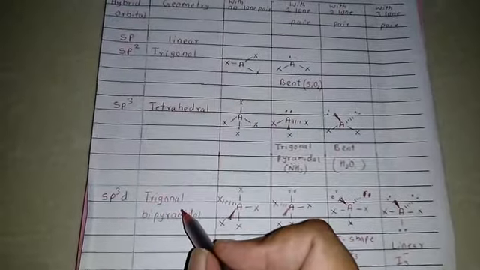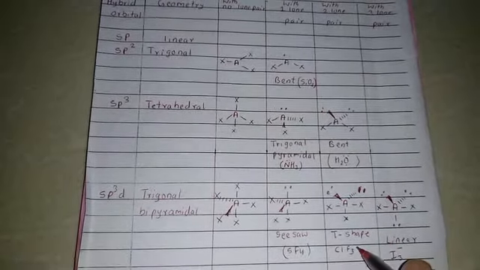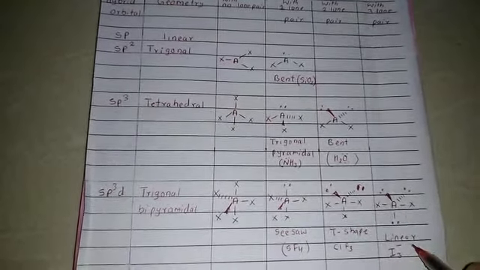Next, sp3d hybridization, the normal geometry is trigonal bipyramidal, but if it contains 1 lone pair, it shows seesaw. If it consists of 2 lone pairs, it shows T shape, and a molecule with 3 lone pairs shows a linear structure for sp3d.